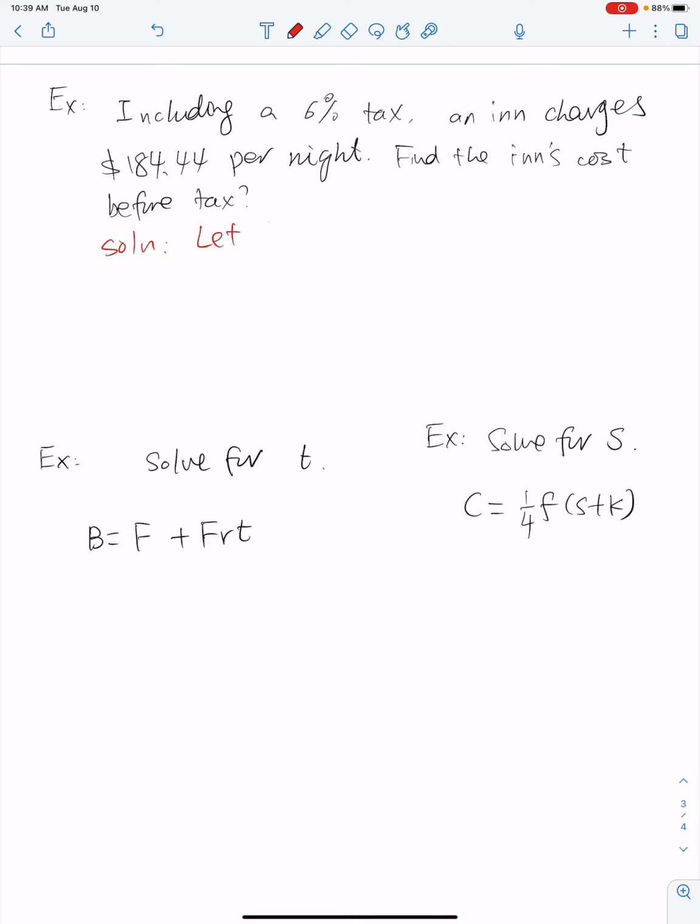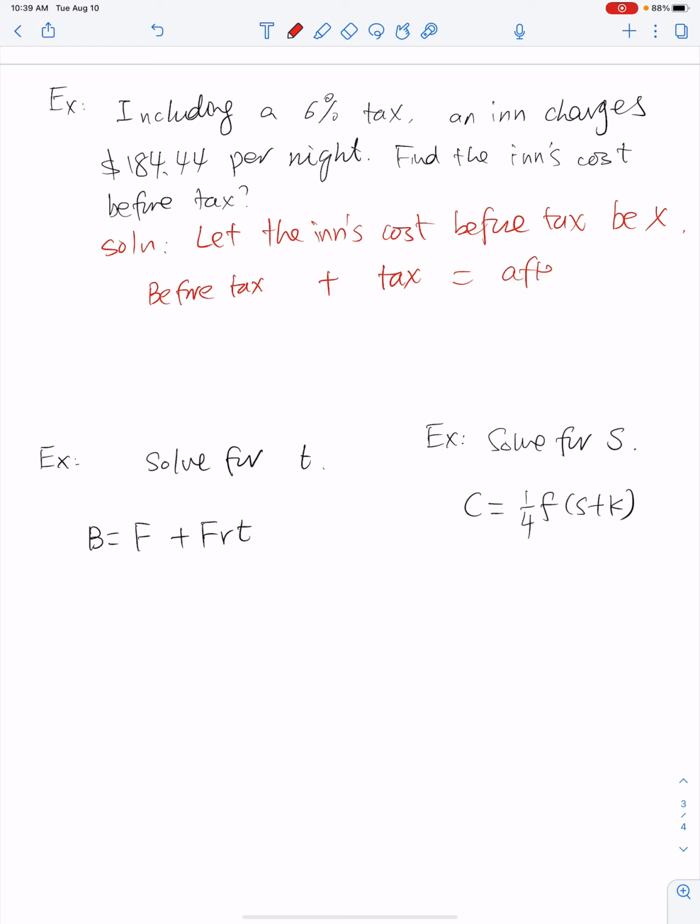Let the inn's cost before tax be x. What will be the cost? You can think of a receipt: before tax plus tax equals after tax.